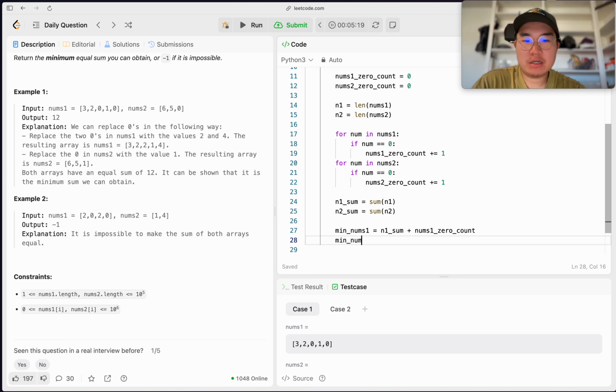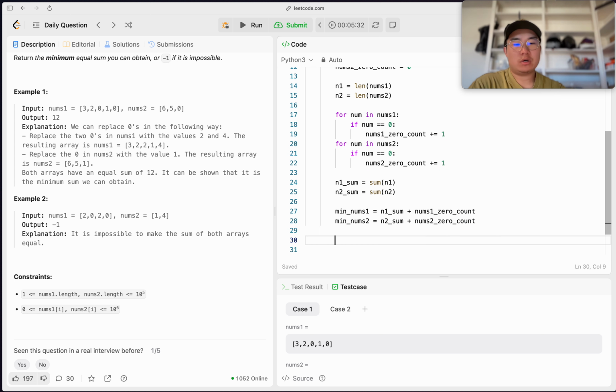And then for the min of nums2, that's n2 sum plus nums2 zero count. Because 6 plus 5 is 11, plus there was one 0, so that would be 12. So the max of min nums1 and min nums2 is what we need to return.